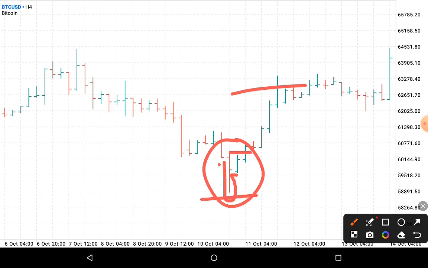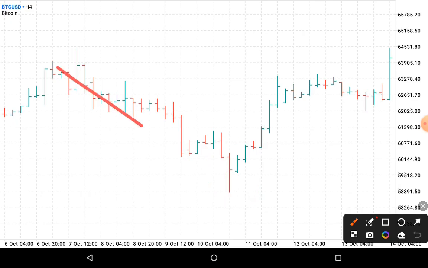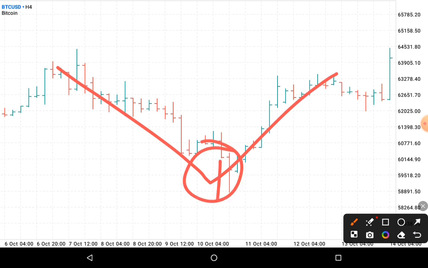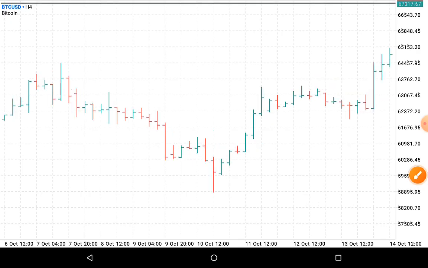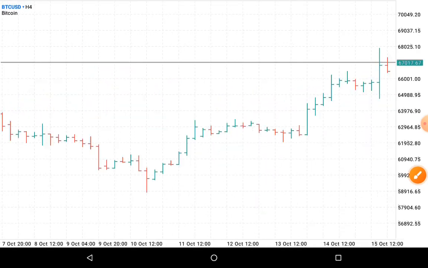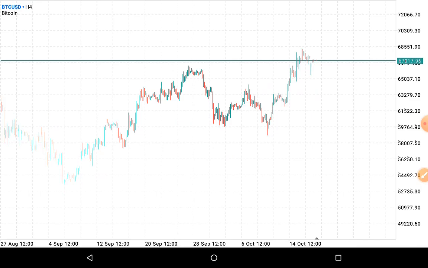So with this, you can get a clear direction or a clear entry of the market, making sure to enter at the beginning of the phase one, just like a T, okay. So make sure you enter at the beginning of that phase one to get a good trading result, okay.